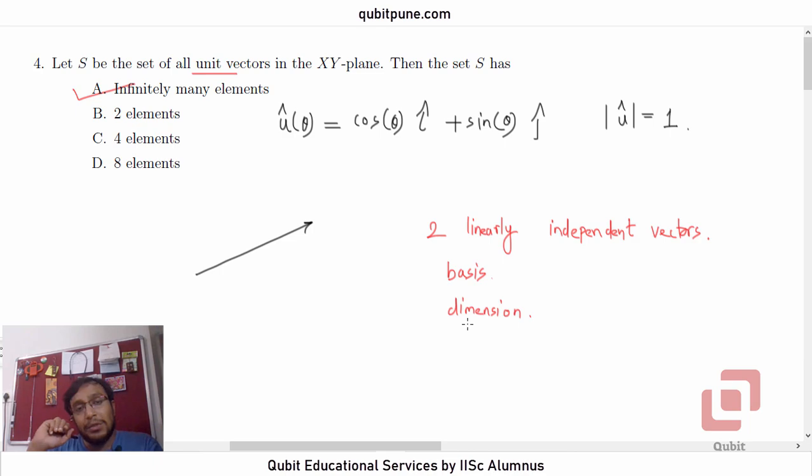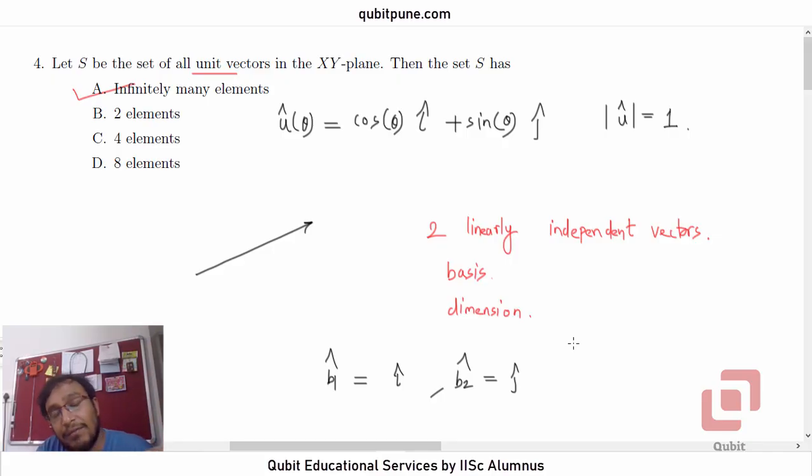Now if you want to determine the dimension here, then that dimension will be 2, because if you, let's say, take the vector i cap along x direction, let me call it b1 cap, and if you take b2 cap as the unit vector along j cap, any other vector can be expressed as a linear combination of these two, i cap and j cap, but they themselves are linearly independent of each other, because you can't have j cap as a multiple of i cap, and you also cannot have i cap as a scalar multiple of j cap.